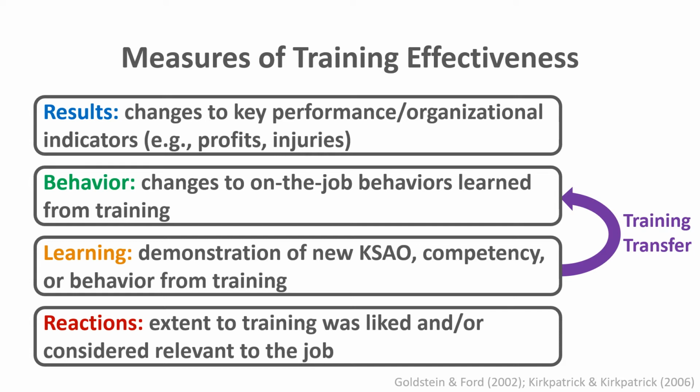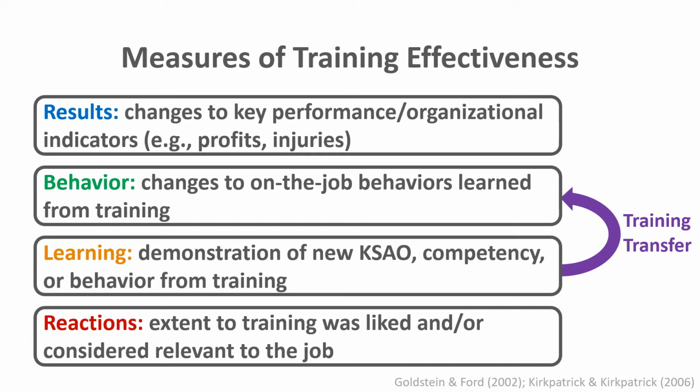These include things like changes in profits from before to after the training program, or, if it's a safety training program, a reduction in injuries, accidents, near misses, and things like that. These are what we've often called the hard outcomes, or the criteria that we consider to be more objective in nature.